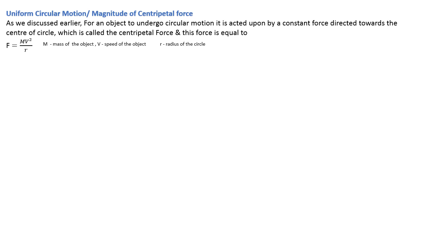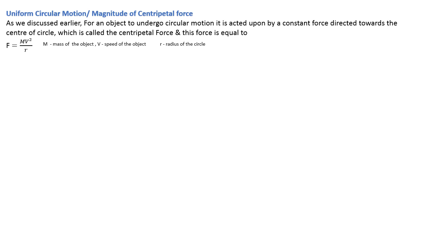So the first part is uniform circular motion and the magnitude of centripetal force. As in our first video of this chapter, we discussed uniform circular motion, and you have also studied it in the ninth standard. Now, what is a circular motion? When an object or a planet moves along a circular path, we call it circular motion.